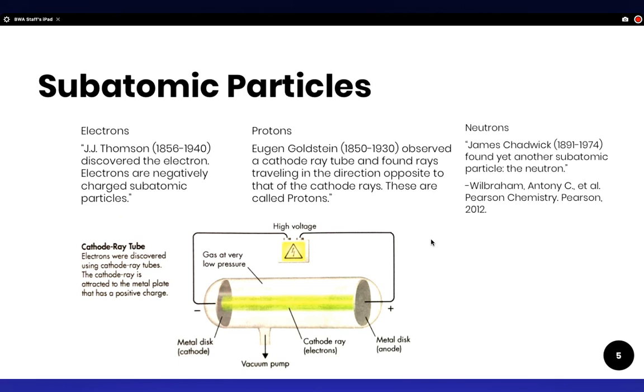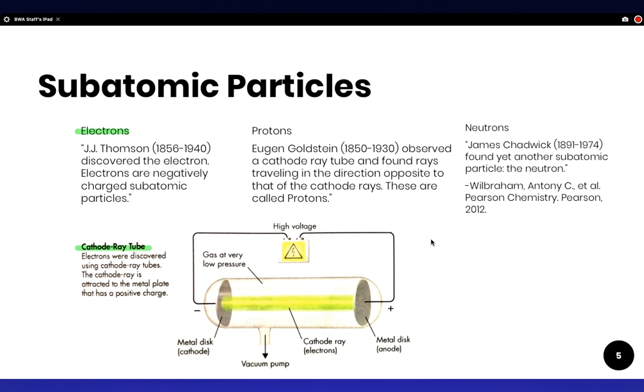Electrons were the first subatomic particle to be discovered by J.J. Thomson. He discovered the electron using a cathode ray tube. So this is a tube that has no air in it.